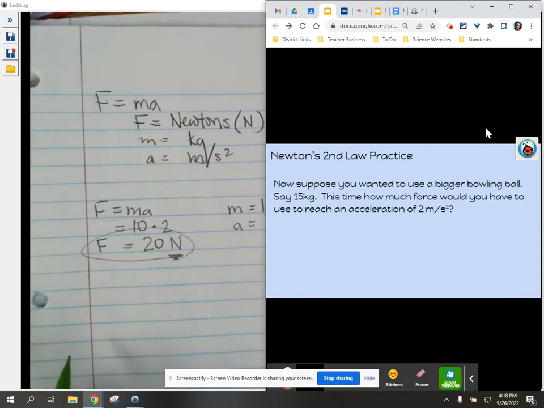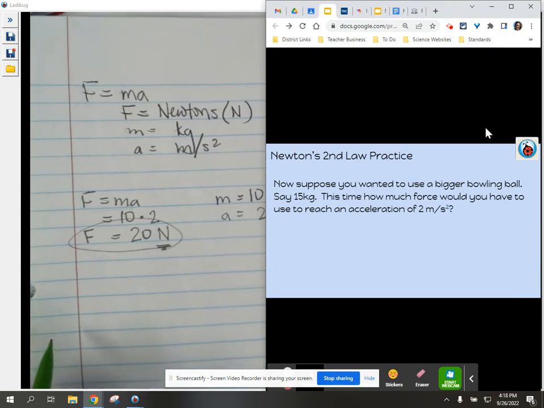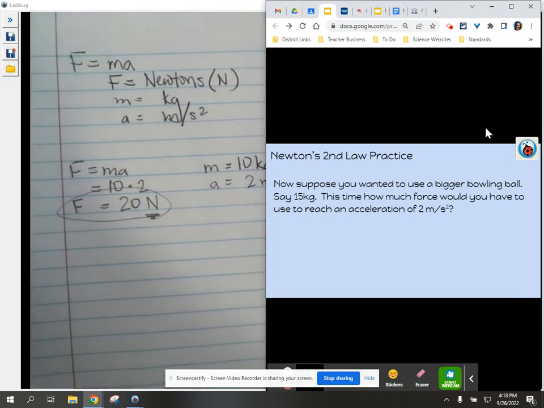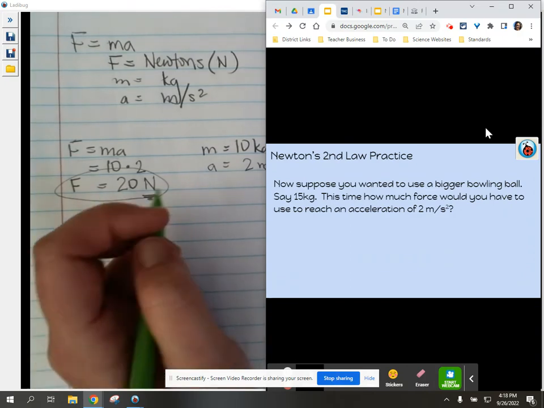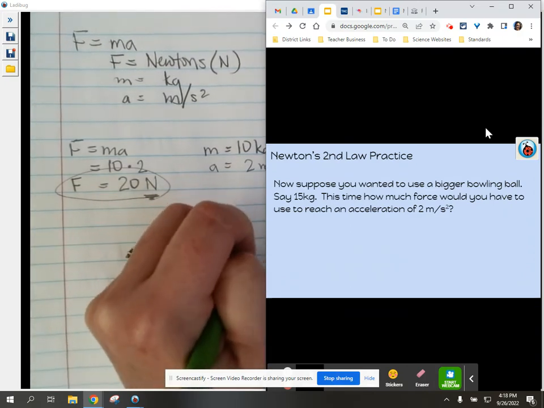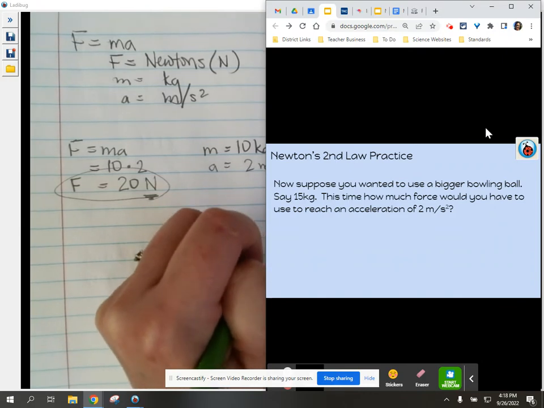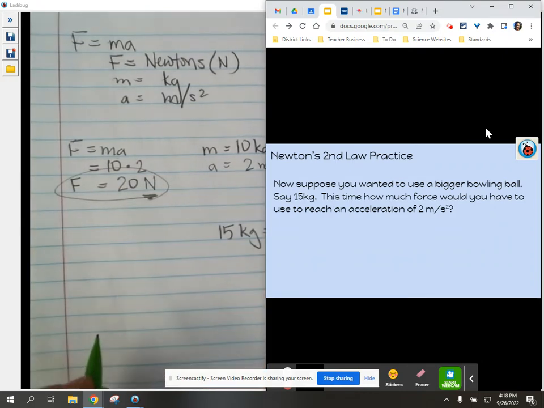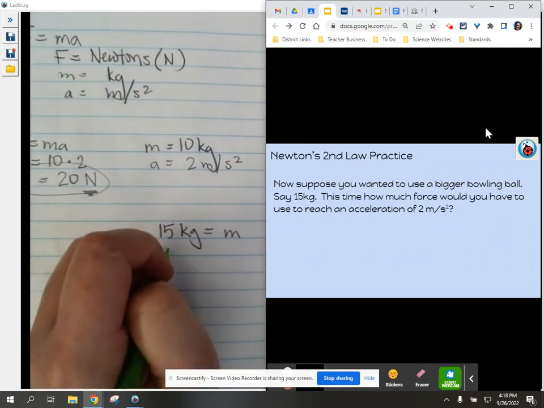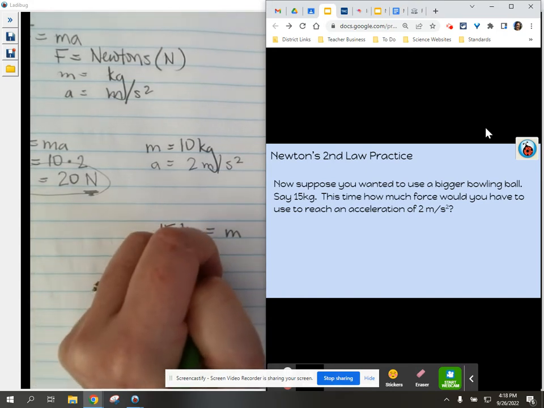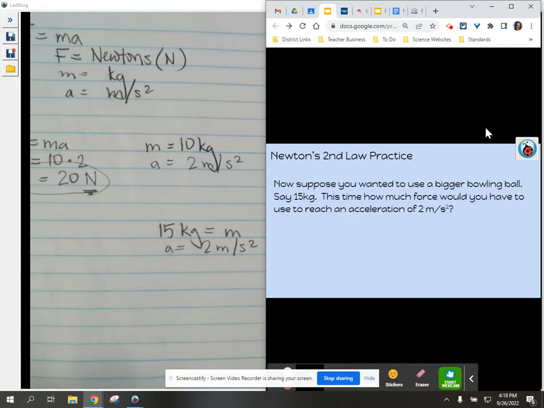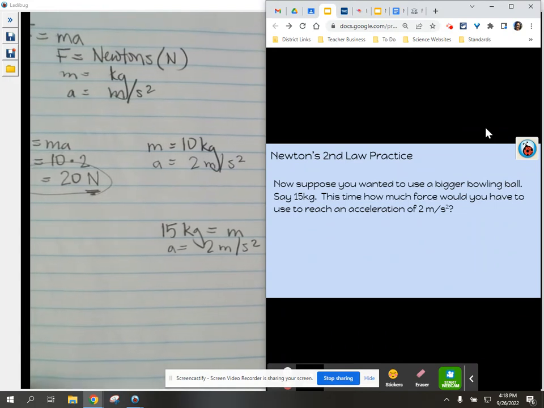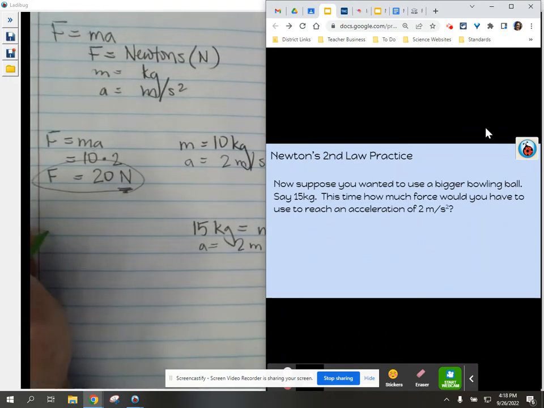All right, let's try another one. So now suppose you want to use a bigger bowling ball. So this time the bowling ball is going to be 15 kilograms. So that's the mass. We still want to accelerate at 2 meters per second squared. All right, so once again, we are going to write down the formula.